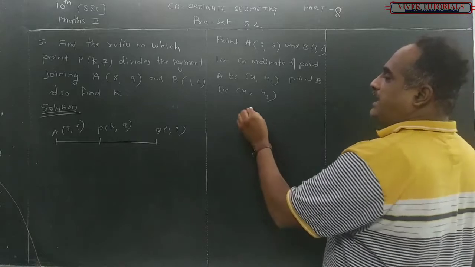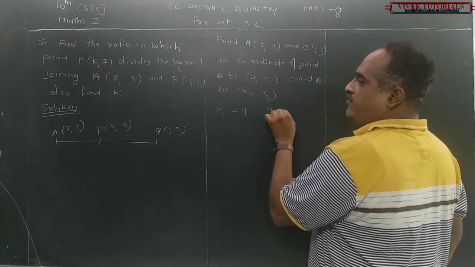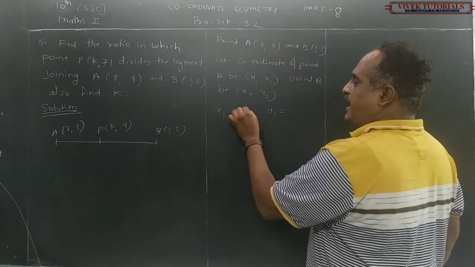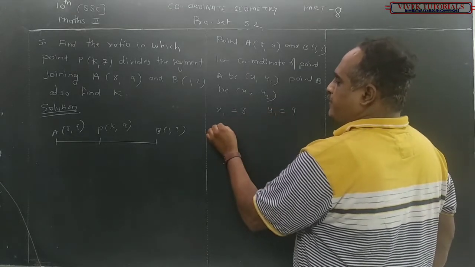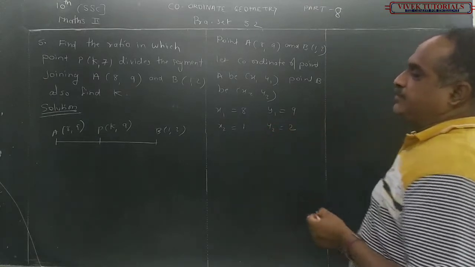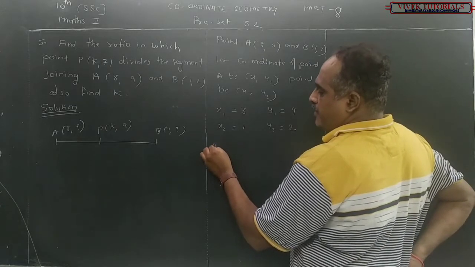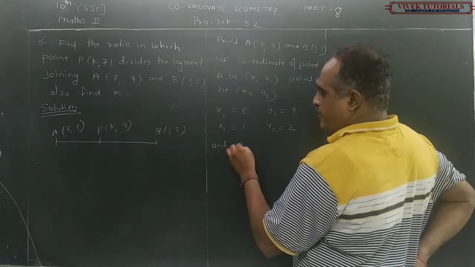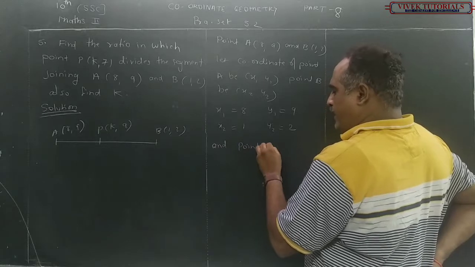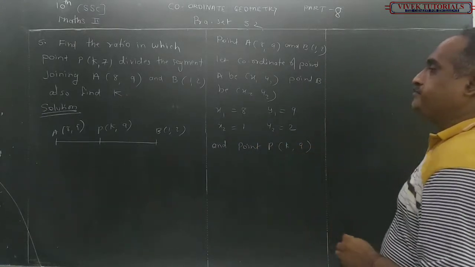So x1 is 8, y1 is 9, x2 is 1, y2 is 2, and point P is K, 7.